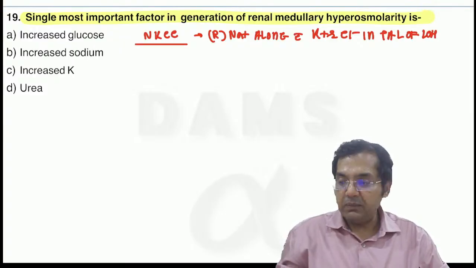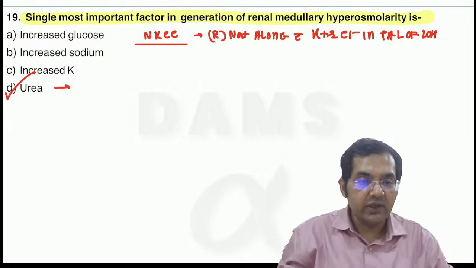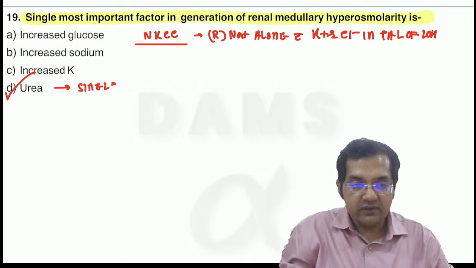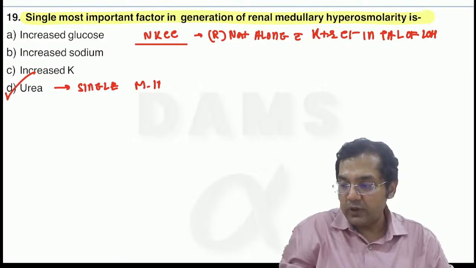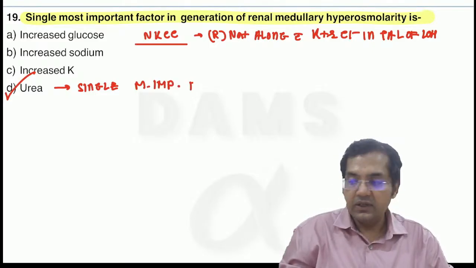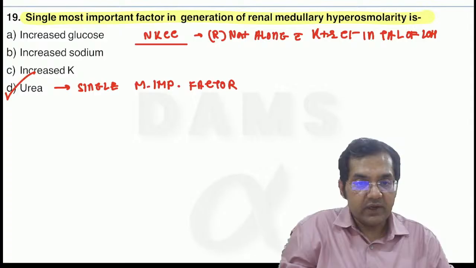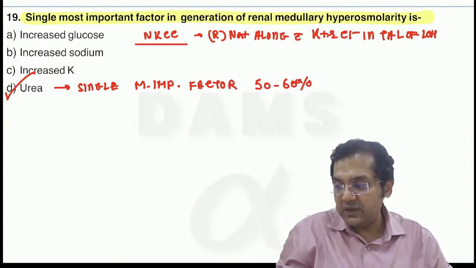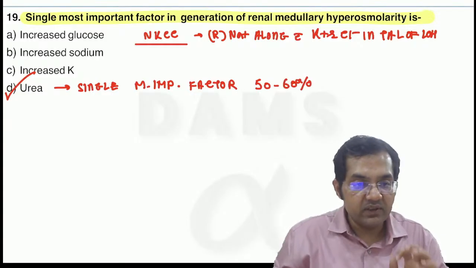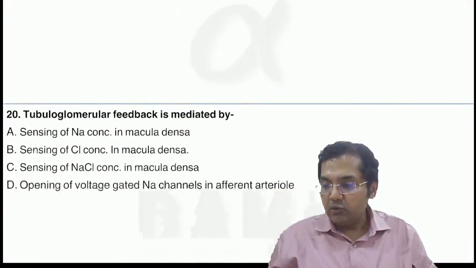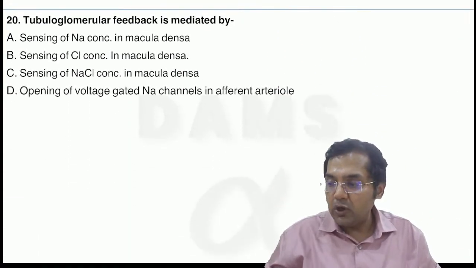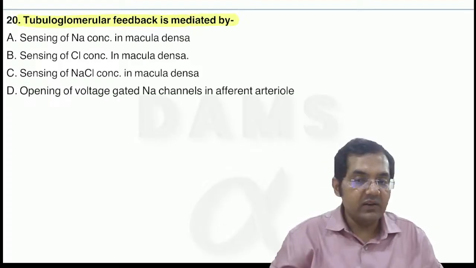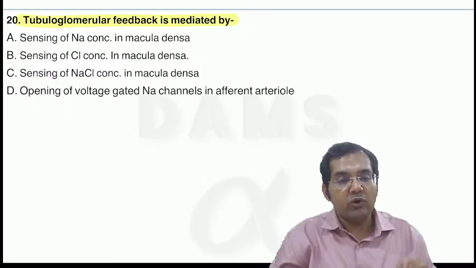But please remember, the answer is actually urea, because urea is the single most important factor. Urea alone contributes 50 to 60%. Please remember this, very important. Moving to question 20. Tubuloglomerular feedback is mediated by, again, an important topic, autoregulation of GFR.